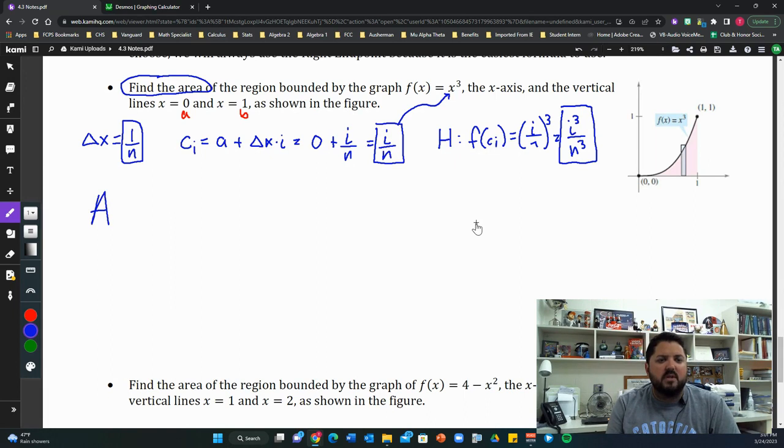I no longer need my squiggles because I'm no longer approximating it. Now we turn it into a firm equals, and because it's equals, we also need our limit notation. So I'm going to take the limit as n approaches infinity of the sigma from i equals 1 to n of my height, so i cubed over n cubed, times my width, 1 over n.